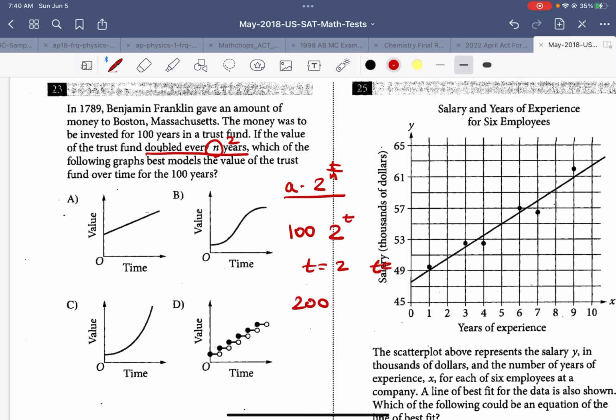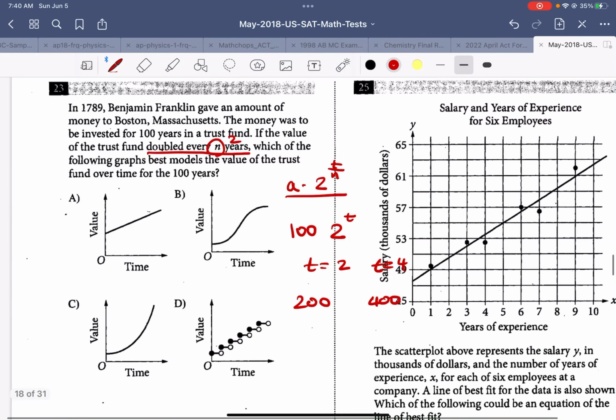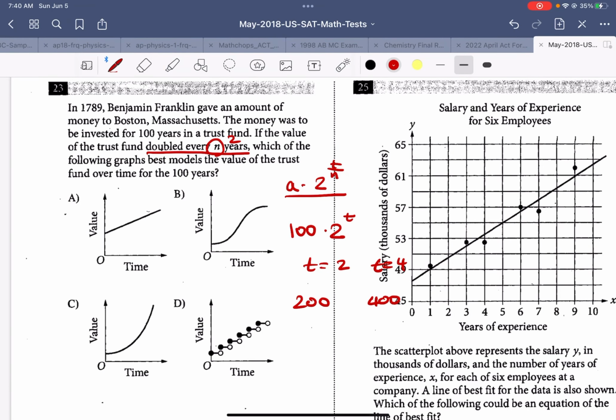If t is 4, then it's 400, because every 2 years it will double. So it's supposed to be 2 to the something power. t is just years, and every n years it will double. So t over n should be the exponent. So this is an exponential function, and only C shows an exponential function.